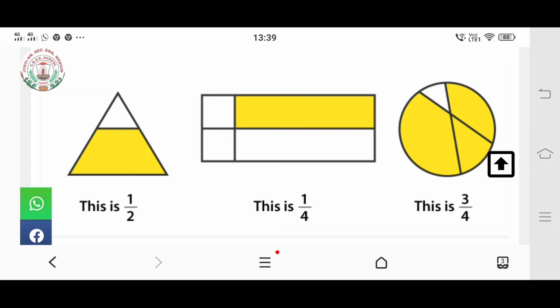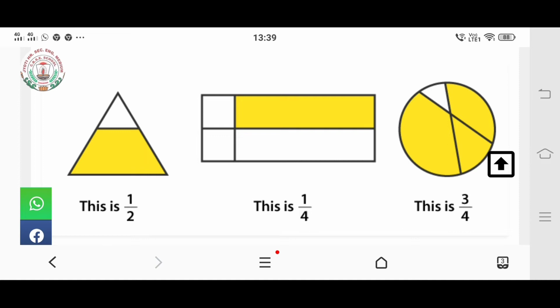Is it 1 by 4? Again the same reason. No. Why? Because these 4 parts are not identical parts, or you can say not similar parts. Means not having the same size and the shape. The two different squares you can see, and two different rectangles you can see.